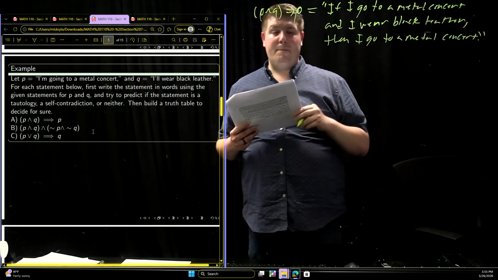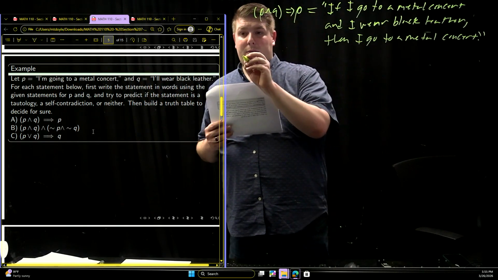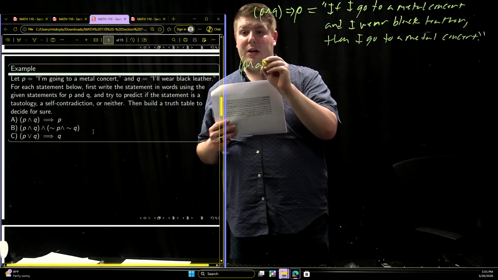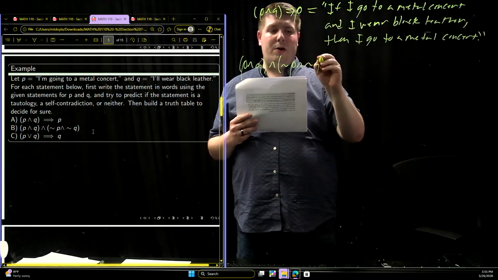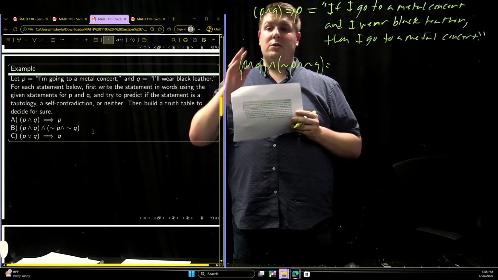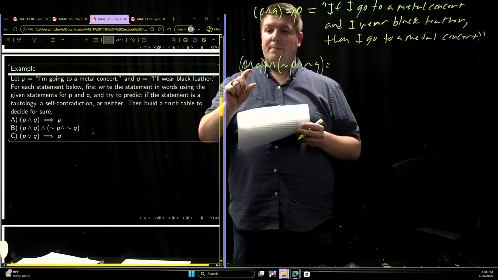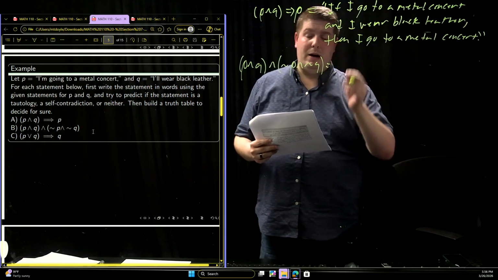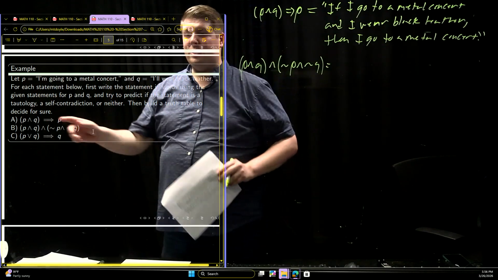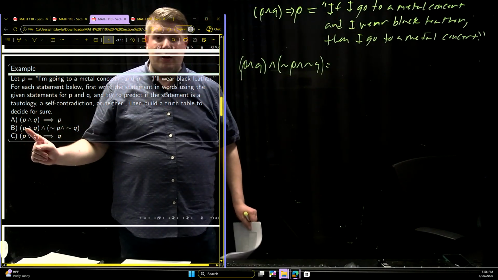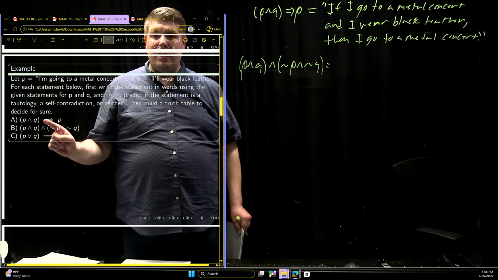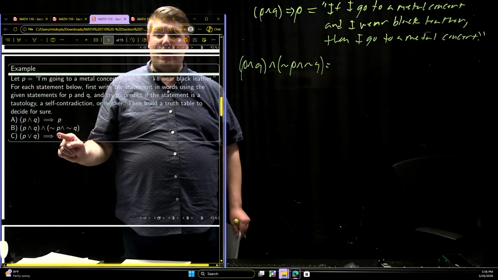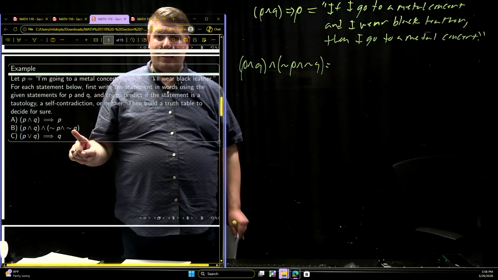Pretty straightforward, right? Okay, now this one says P and Q and not P and not Q. This one's a little bit more awkward, but let me just say it in words. I'm not going to write the whole thing out because it's a lot, but essentially it's saying, if I go to a metal concert and I wear black leather, and I don't go to a metal concert and I don't wear black leather.